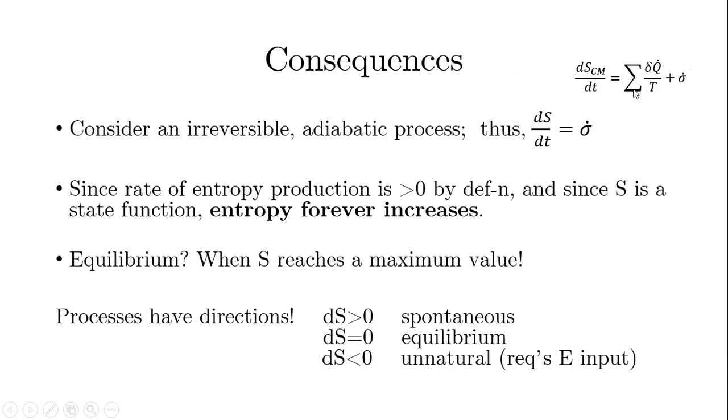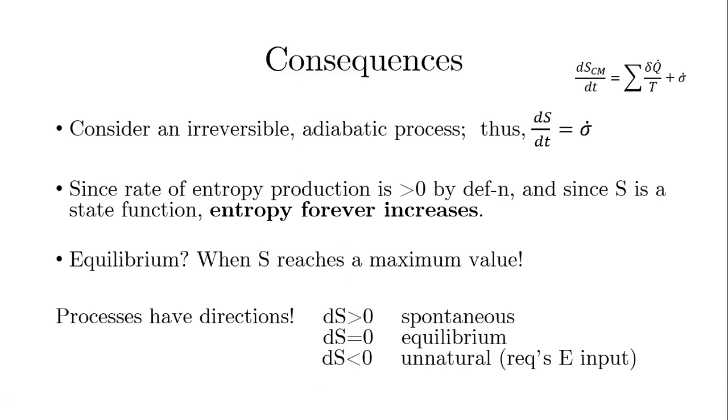If I have no heat transfer in the system and it's irreversible, then dS/dt has to be equal to this sigma dot. And since we define sigma dot as the rate of entropy production, and since entropy production has to be positive for an irreversible process, this means that I will forever increase entropy. So the entropy of the universe forever increases. That's one consequence.